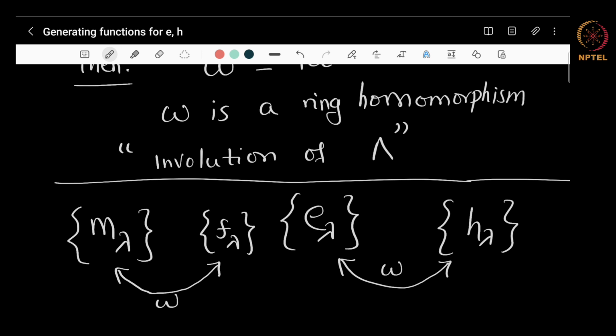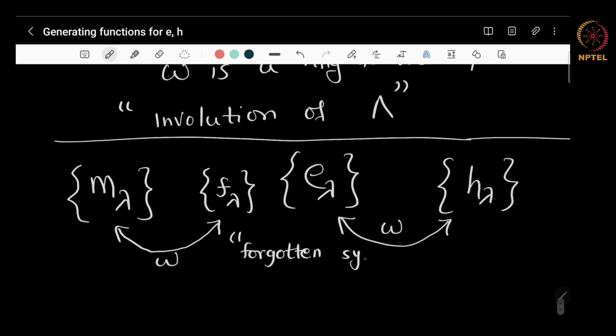So m lambda will map to another basis, and that's denoted f lambda, sometimes called the forgotten symmetric functions. And you can pretty much obtain any of its properties by just looking at the corresponding properties of m and then applying omega to that. Okay.